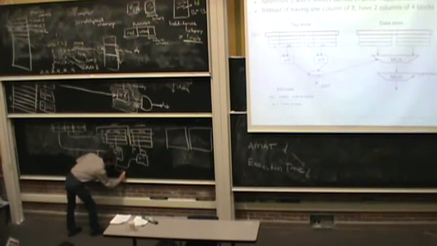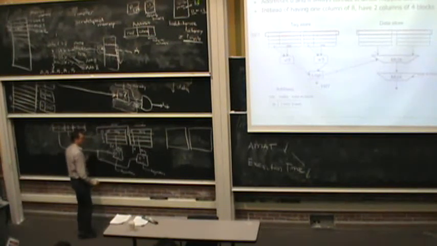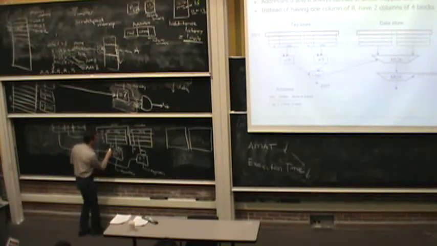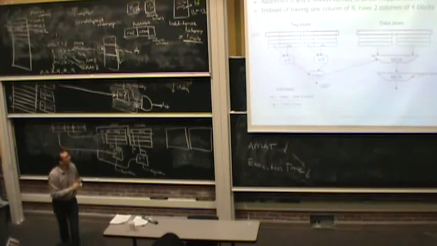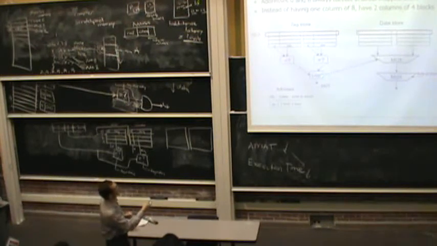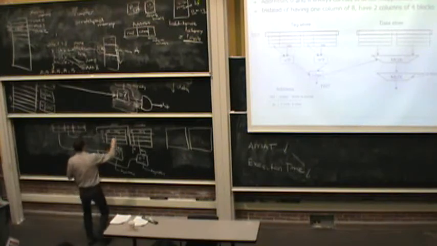So you can get a tag match in way 0, or you can get a tag match in way 1. And you get a cache hit if there's a tag match here and the data is valid, or if you get a tag match here and the data is valid here. Make sense?